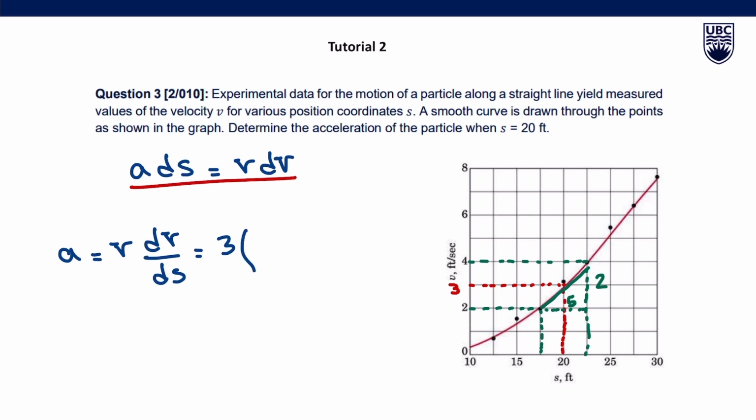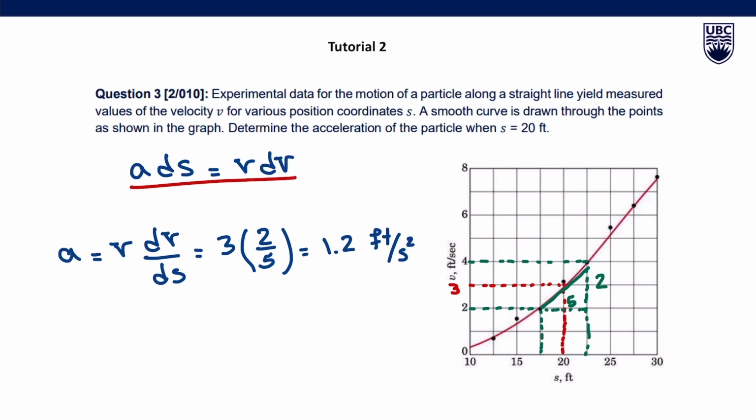The slope is 2 over 5, so we can easily calculate acceleration, which will be 1.2 feet per second squared. So at 20 feet, the particle's acceleration is 1.2 feet per second squared.